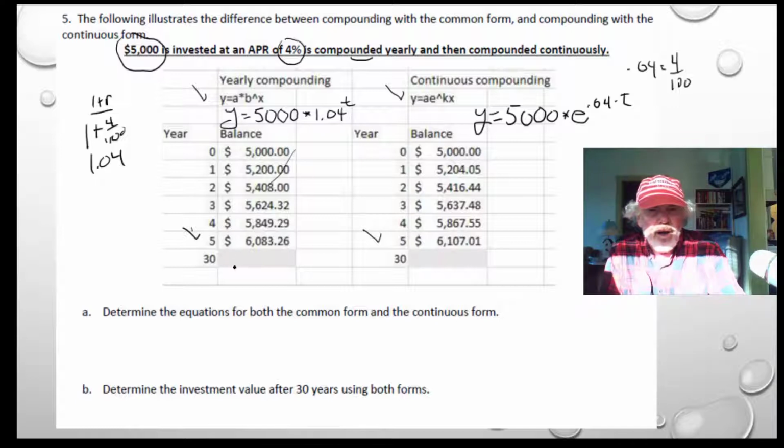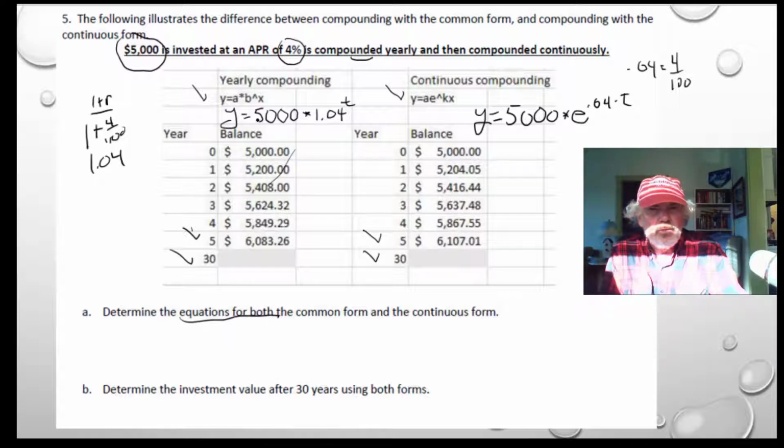So we're going to find out, well, we just did determine the equations, and we want to determine how much you will have in the bank after 30 years with each different form.